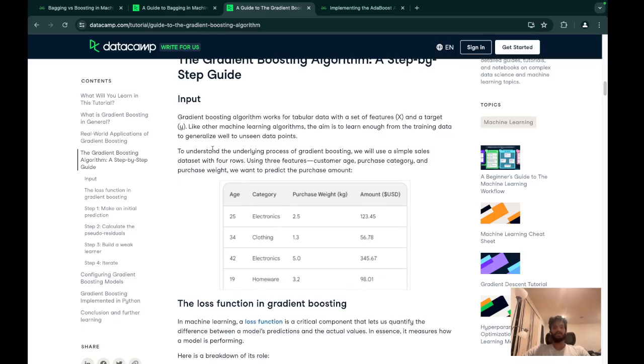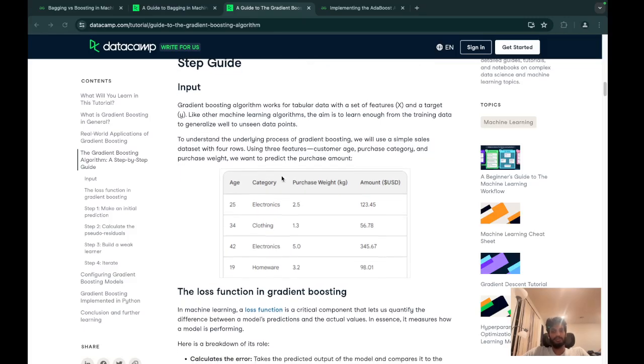To understand the underlying process of gradient boosting, we will use a simple sales dataset with 4 rows, using three features: customer age, purchase category, and purchase weight, and we want to predict the purchase amount.